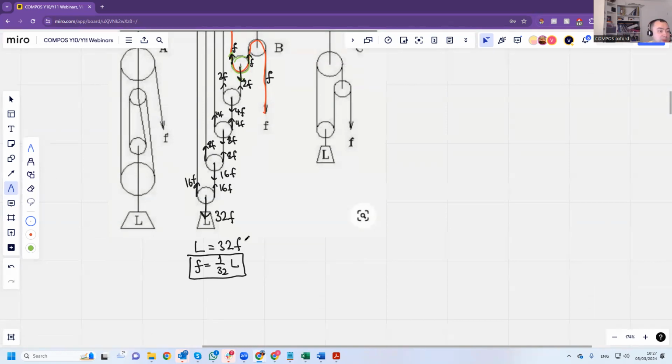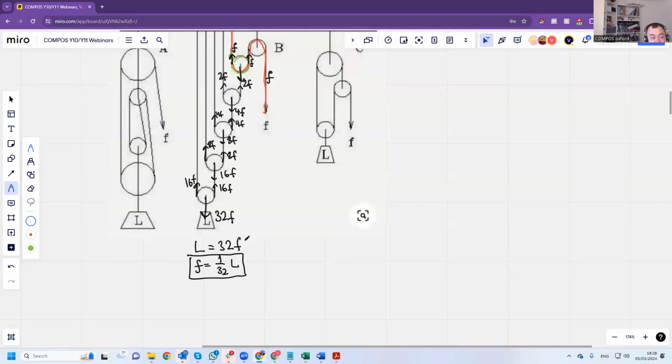That means if that was you, you can probably comfortably pull, I don't know, 200 newtons of force. Every one of you would probably be able to pull 200 newtons. That means you would be able to lift a load of, 200 times 32, 6,400 newtons.